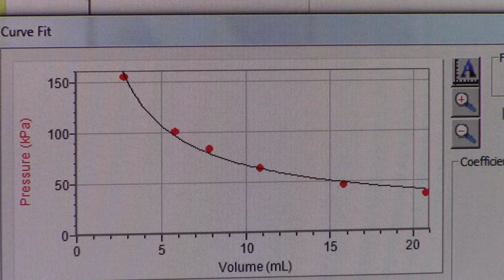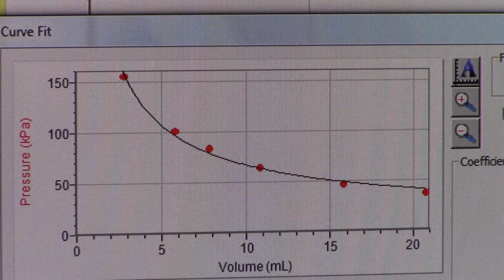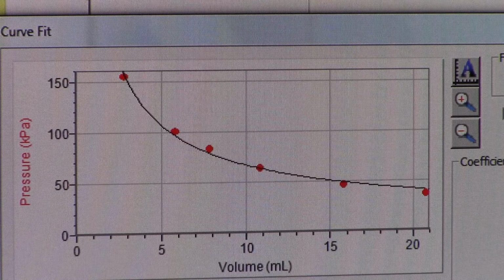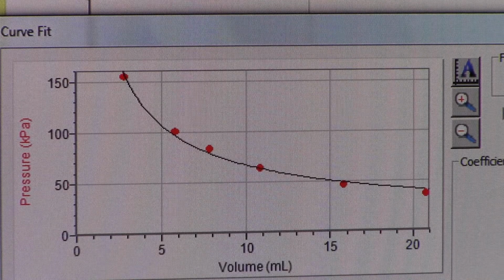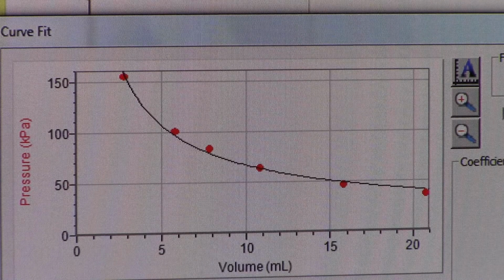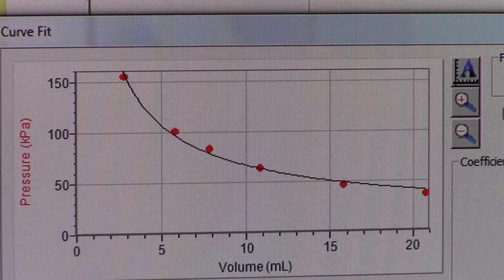Now we can use this one, but a better fit is to realize what's happening with this graph. Okay, and we get this from Boyle's Law. Boyle's Law says that the pressure is inversely proportional to the volume. So is there an equation that gives an inverse relationship? And yes, there is.